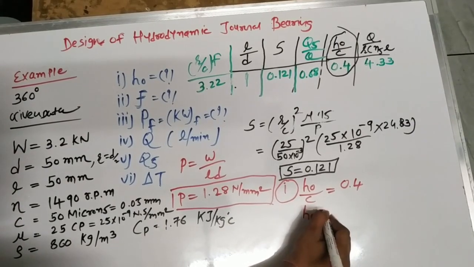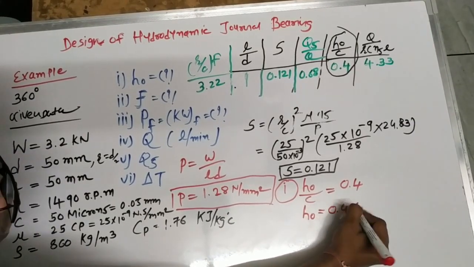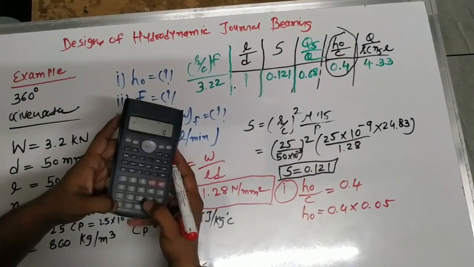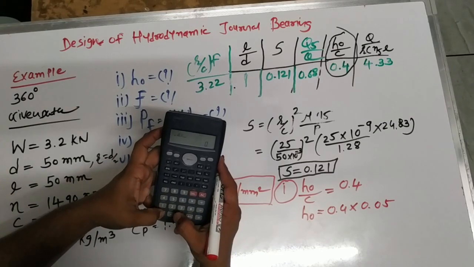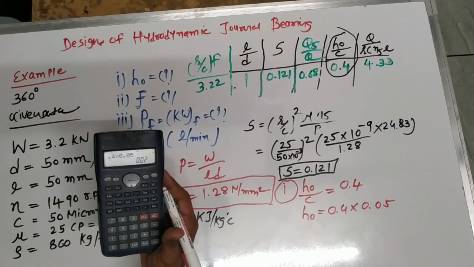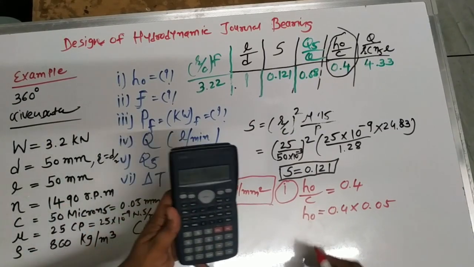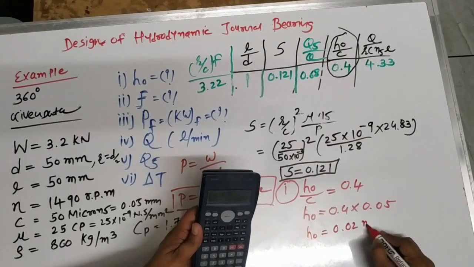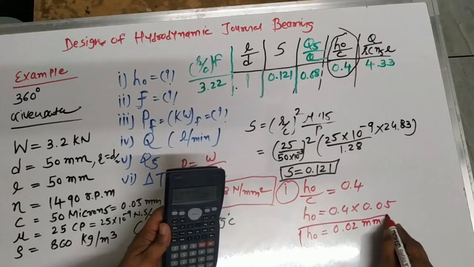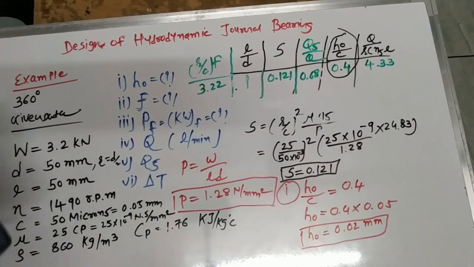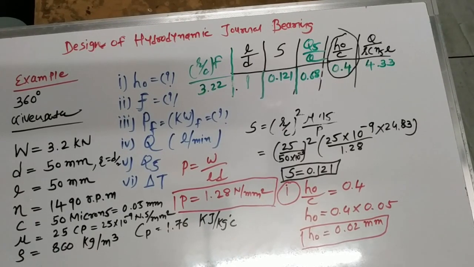So H0 is equal to 0.4 into 0.05. Let us check the answer. So 0.4 into 0.05, your H0 will become 0.02 mm. Unit is important. So H0 equal to 0.02 mm. So this is our first parameter that is asked in the example itself. So H0 is 0.02 mm, right? That is our first parameter.